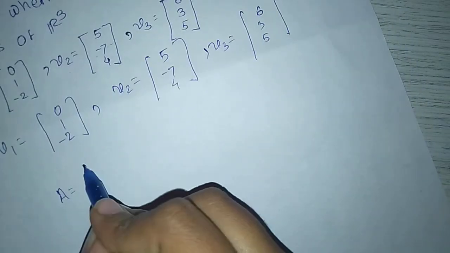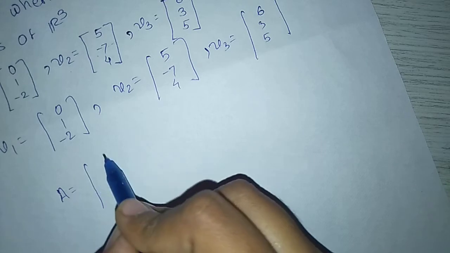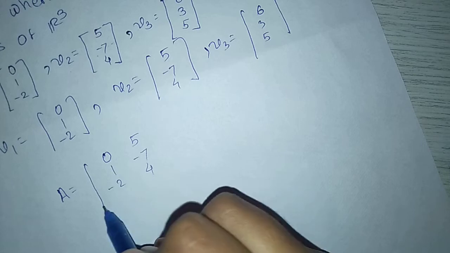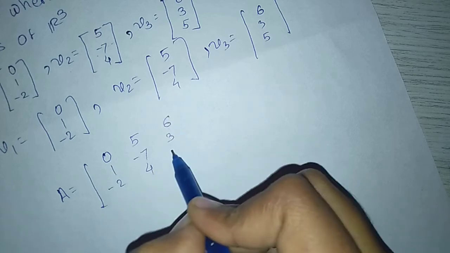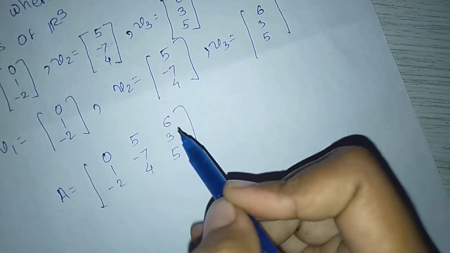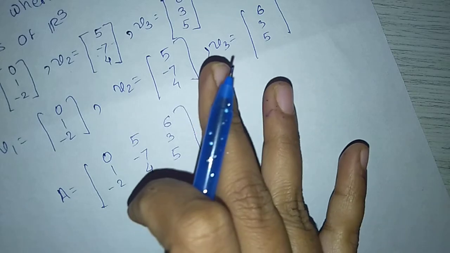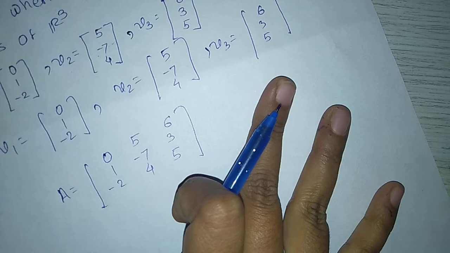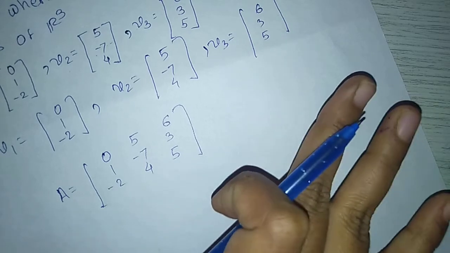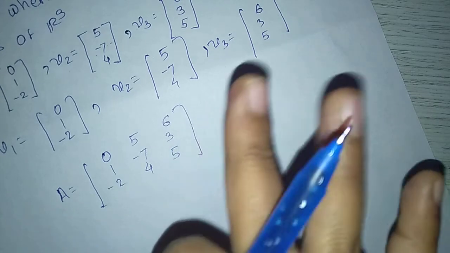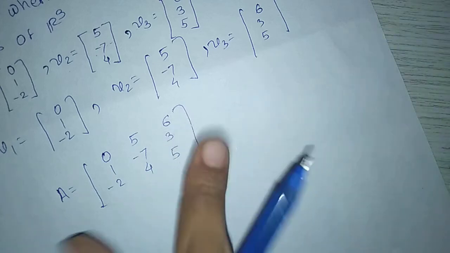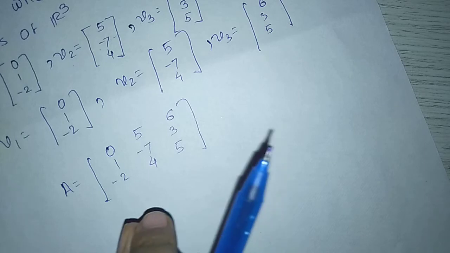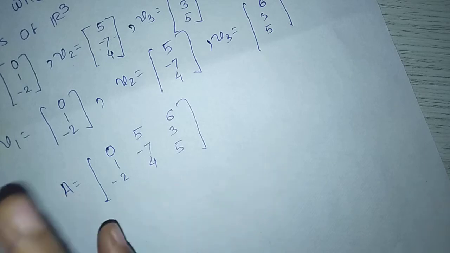A equal to, first write V1 0 1 minus 2, next V2 5 minus 7 4, next V3 6 3 5. Now reduce this matrix to row echelon form, and if there are 3 pivot columns in the reduced row echelon form of A, hence the set V1, V2, V3 forms a basis of R3, because A is an invertible matrix.